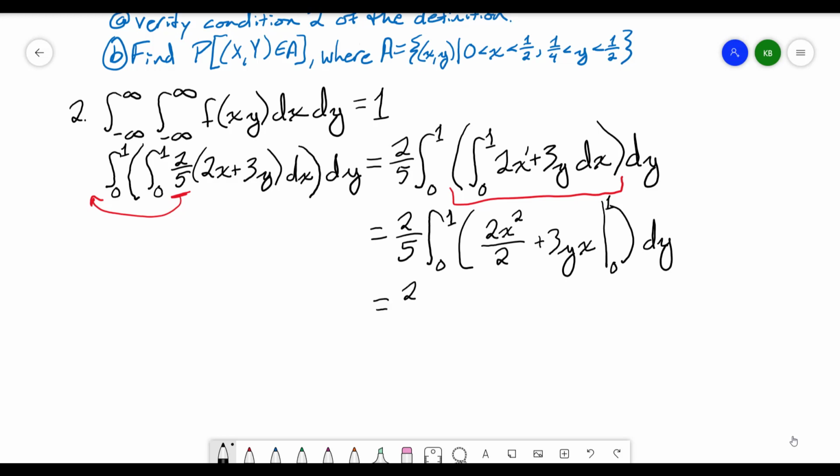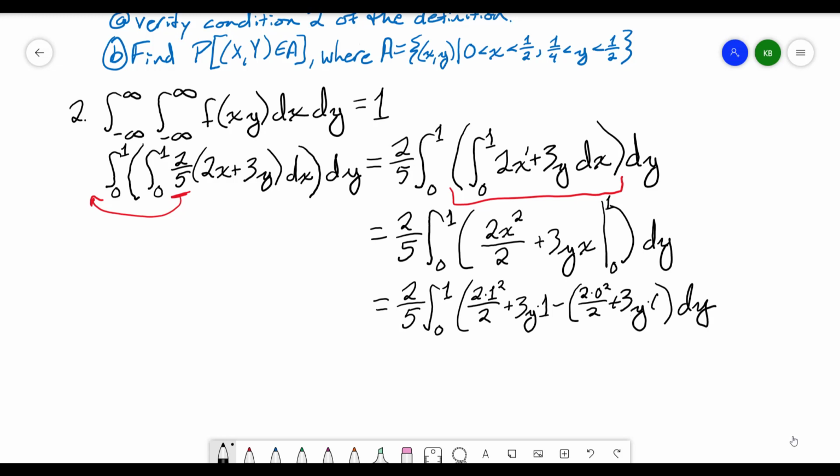So again, I'm still not done with the stuff in the parentheses, so I'm going to leave everything outside of the parentheses the same. And then I'm going to evaluate what's inside. Inside, I'm going to plug in 1 for x. So I'll have 2 times 1 squared over 2 plus 3y times 1. And I'm going to subtract from that, plugging 0 in for x. So I'll be subtracting 2 times 0 squared over 2 plus 3y times 0.